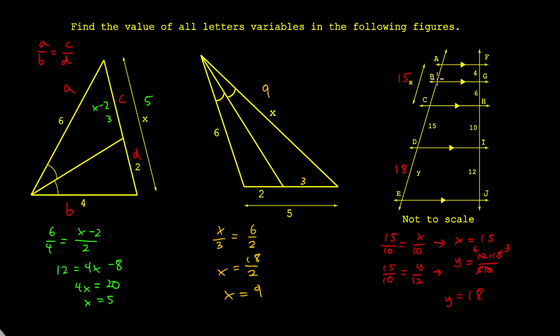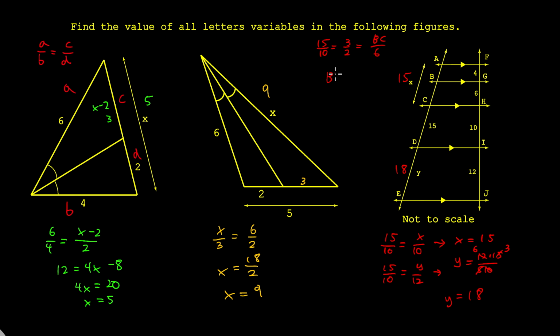Now, we are not asked for AB or BC, but we could take this further and do either of these. So let's do that. So again, the proportion of BC to GH will be the same, 15 over 10. And then 15 over 10, remember, that is going to be 3 halves if we divide both by 5. And then equals BC over 6.